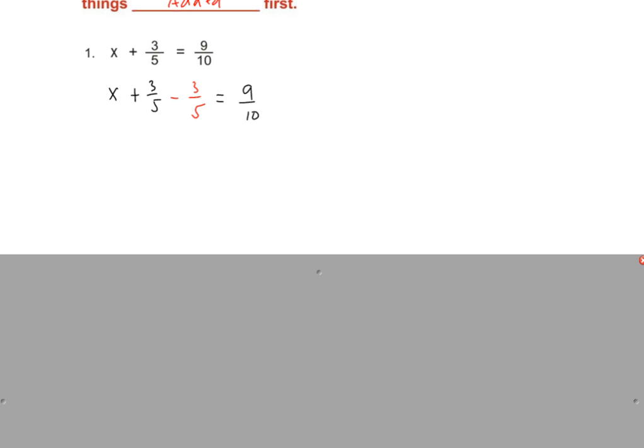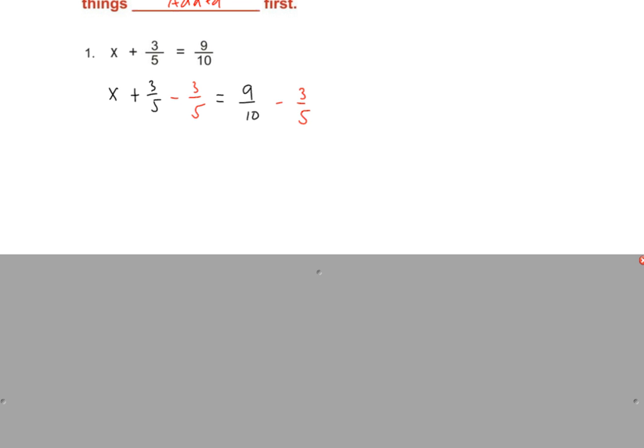Take your red, and do, again, negative 3/5. So we still added the opposite to both sides. We just used a different methodology. We used the horizontal method instead of the vertical method. Instead of writing the negative 3/5 underneath the left-hand side and underneath the right-hand side, we wrote it horizontally with the left-hand side and the right-hand side.